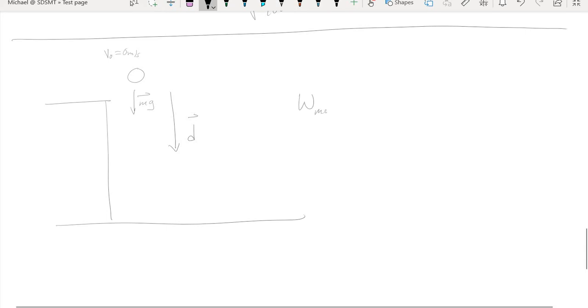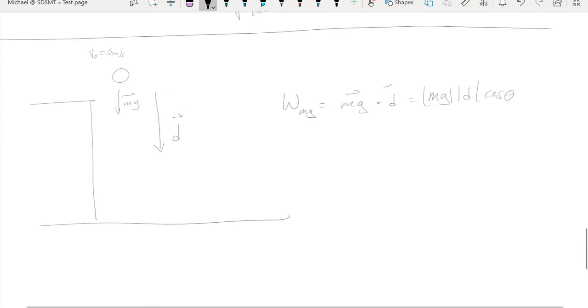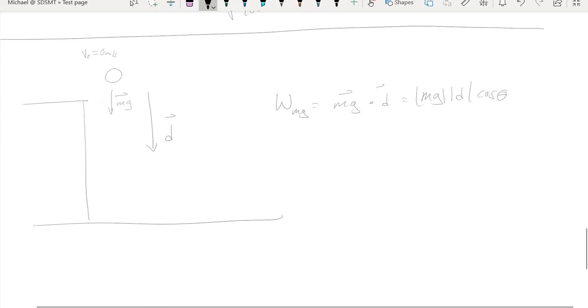All right, work done by gravity is mg dot d. We need the magnitude of each times the cosine of the angle between them. So we'll assume we know the mass of this rock. You can give it any mass that you want, really. And we'll assume we know the height of this cliff. What I want to do is just get a general solution for this right now.